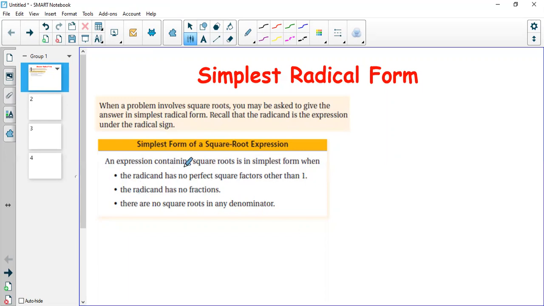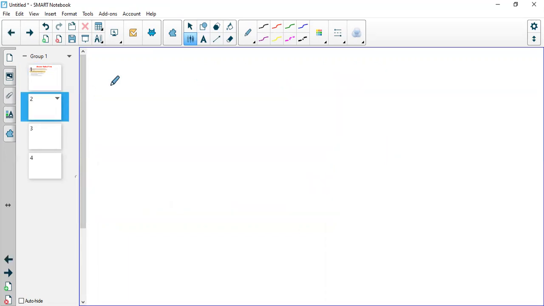So let me teach you some rules which will be useful when we are learning how to simplify radicals. The first rule is the square root of AB, where A and B represent two numbers greater than 0.